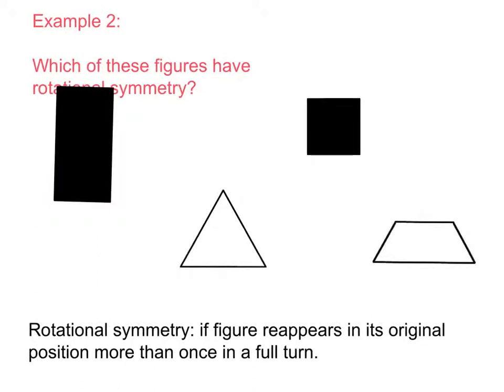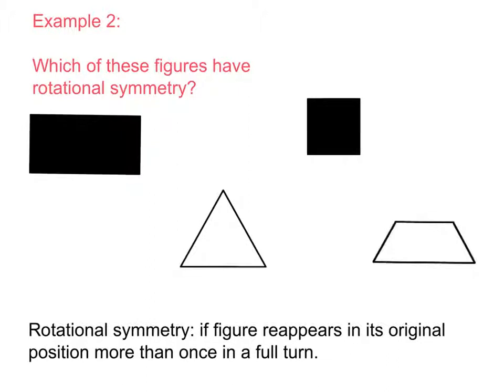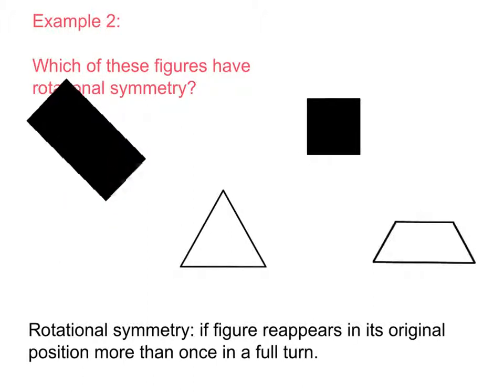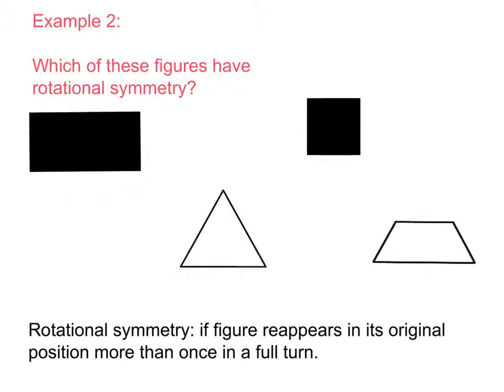If we rotate it again 90 degrees, we actually have the shape we started with. If we rotated it again, we do not have the same shape, and then the last rotation to get back where we started would be right here. And we have the exact same figure that we started with. So the rectangle has some rotational symmetry.